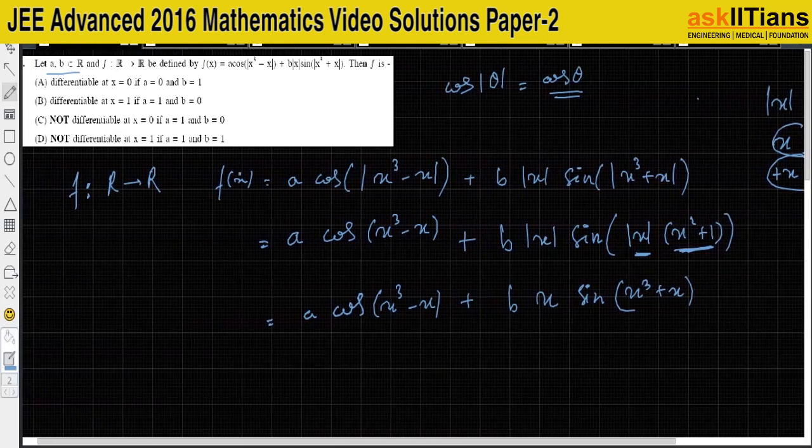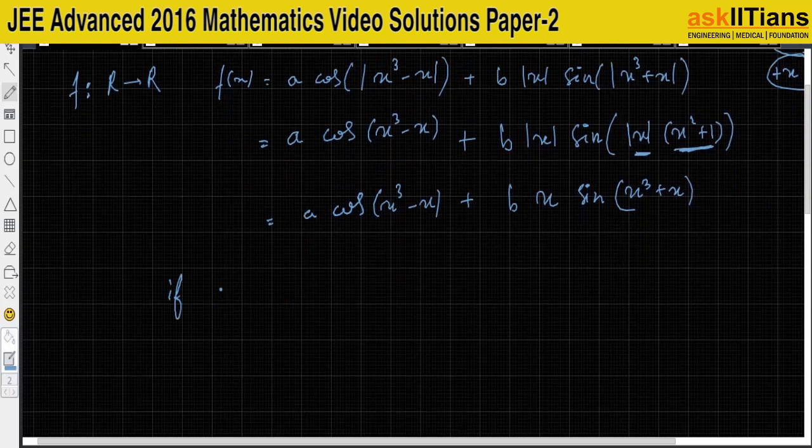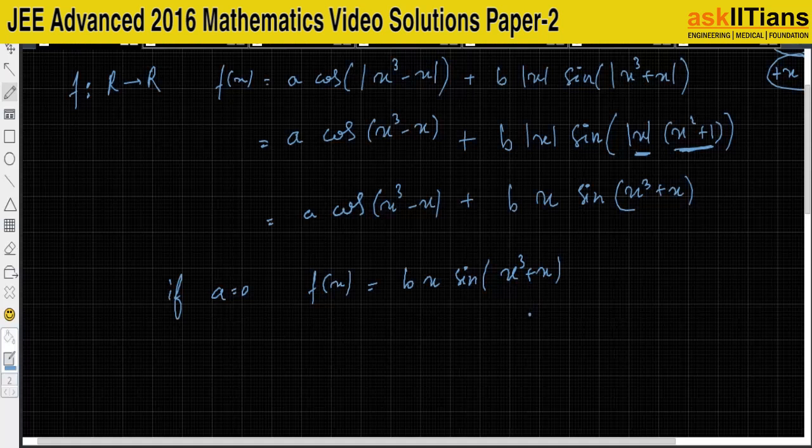And now we can check whether these options are correct or not. Differentiable at x equal to 0 if a is equal to 0. So if a is equal to 0, then f(x) will be b times x times sine of (x cube plus x). Whether this is differentiable at x equal to 0 or not, that you have to check. This function will be differentiable, right?